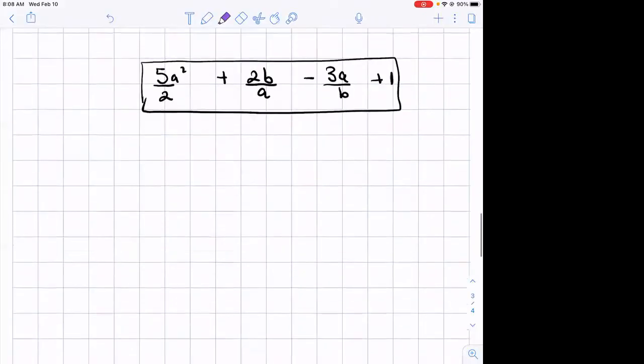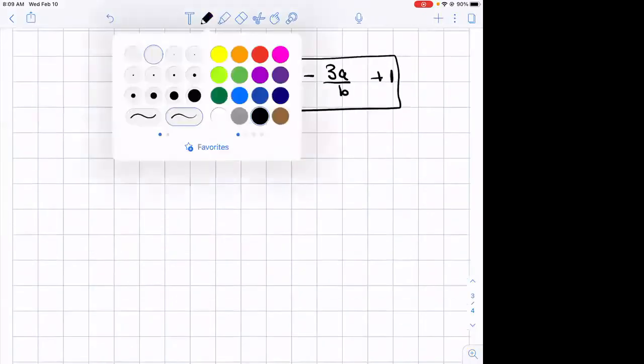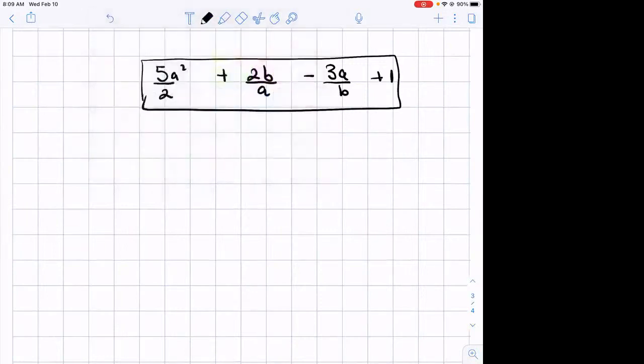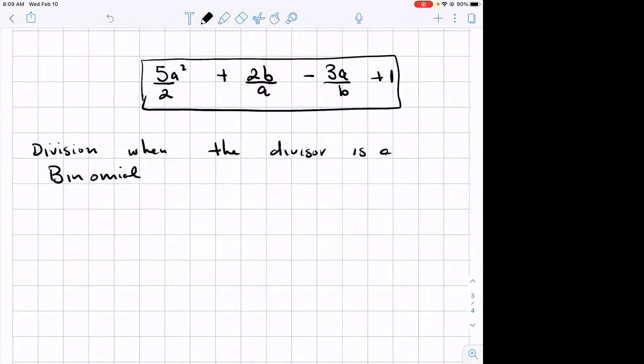So now let's look at division by a binomial. It's still division of polynomials, but division when the divisor is a binomial. Binomial meaning a two-term polynomial. Your divisor is a binomial.